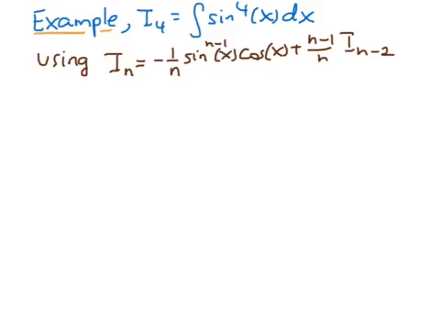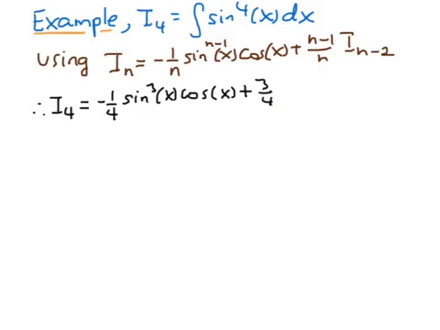So what we now have is the following. I4, so here n is equal to 4 in this formula, is minus 1/4. I'm just writing out the formula but replacing n by 4, times sine cubed of x multiplied by the cosine of x, plus, and now remember n minus 1 is 4 minus 1, so again it's 3, divided by 4 times I2.